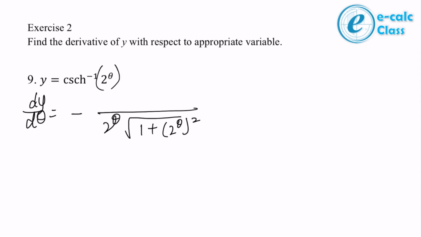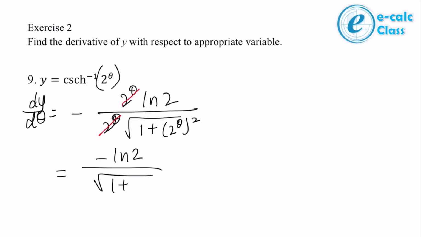Remember, you need to differentiate the inside function because of chain rule. This one is actually another chain rule, or you need to change it to base e, but no need, you know that it is 2 to the θ ln 2 after you differentiate. So this one cancels. Negative ln 2 over the square root of 1 plus 2 squared is 4 to the θ. And that's it.